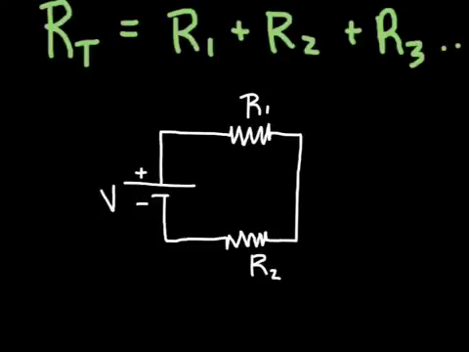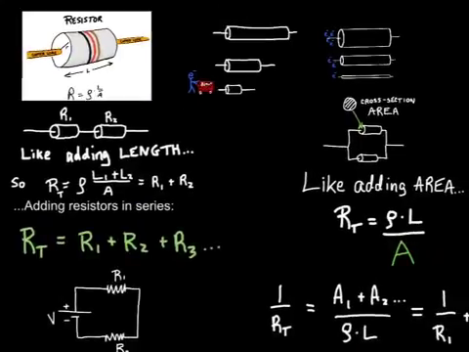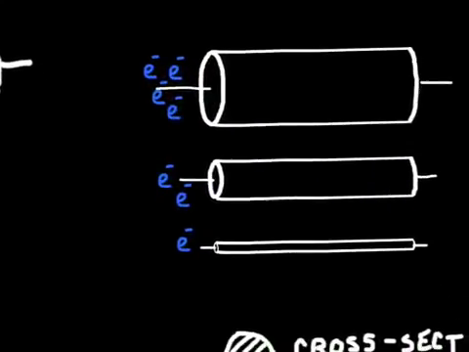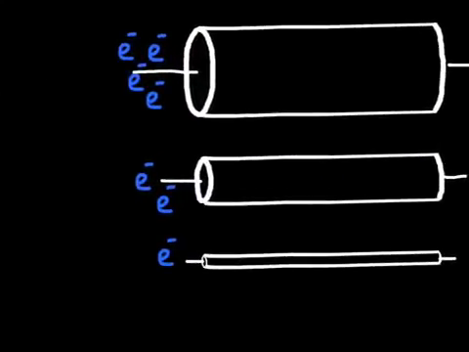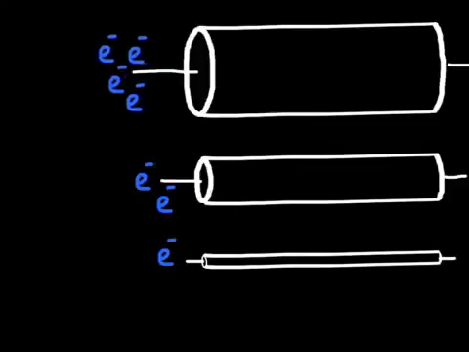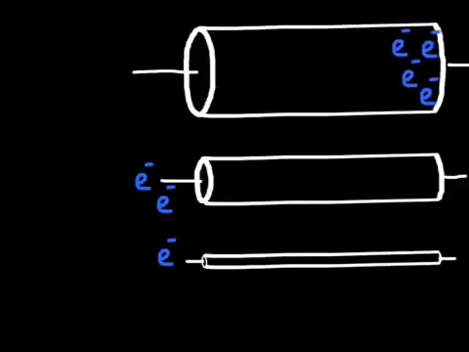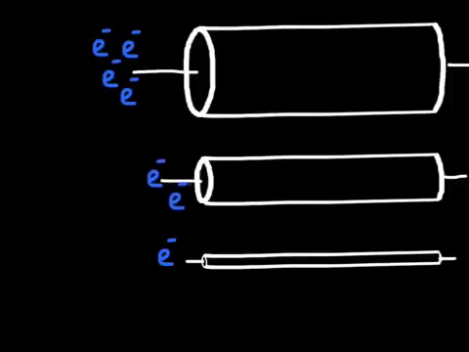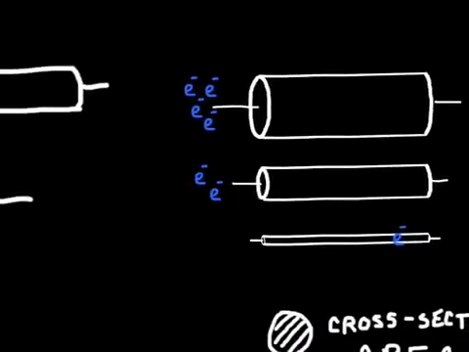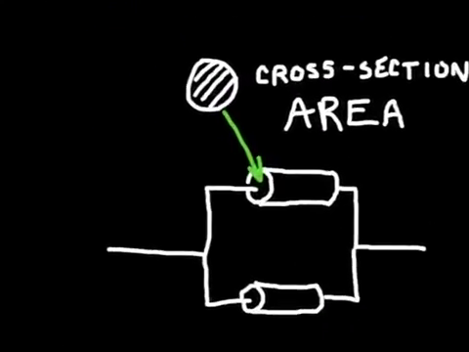Now let's consider the effect of, instead of increasing length, increasing area. If you have a greater amount of area, you're going to have more room for more electrons to flow through, kind of like if you have more lanes on a highway. And if you have less area, you're going to have less room for less flow. Now consider the algebraic implications for changing our total area.